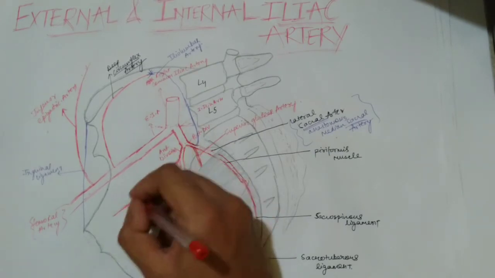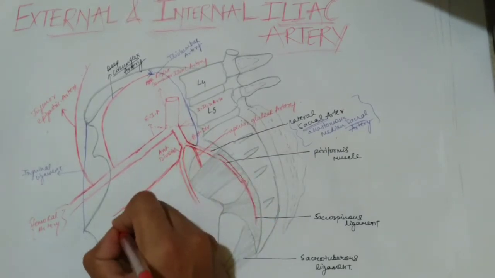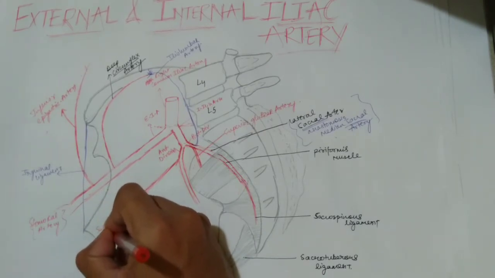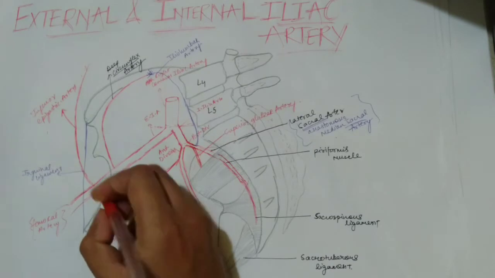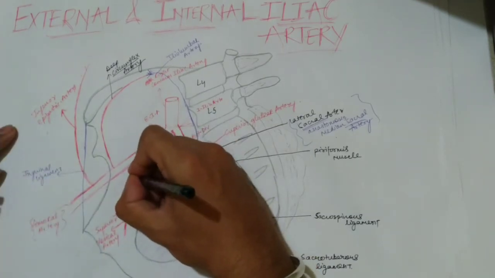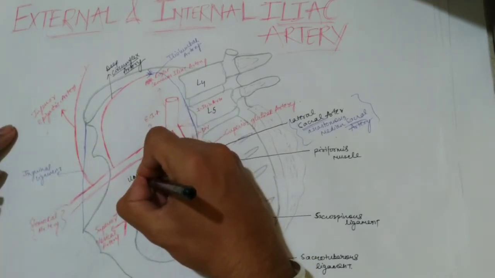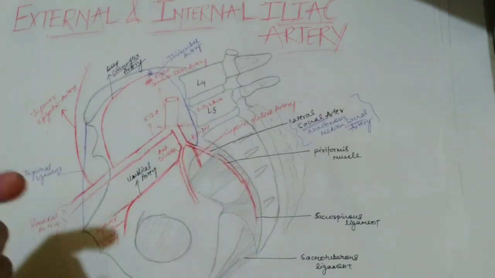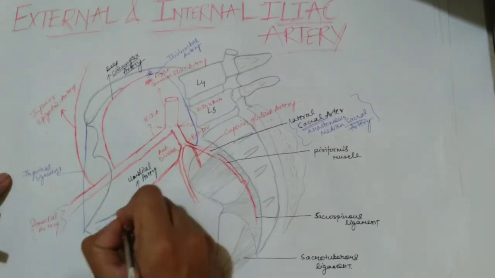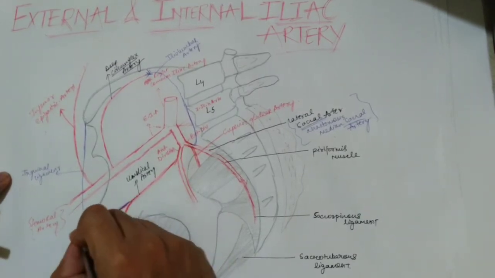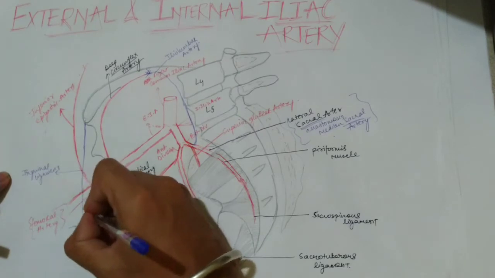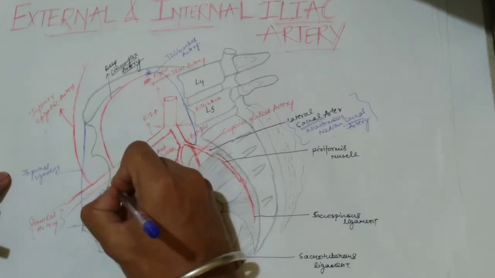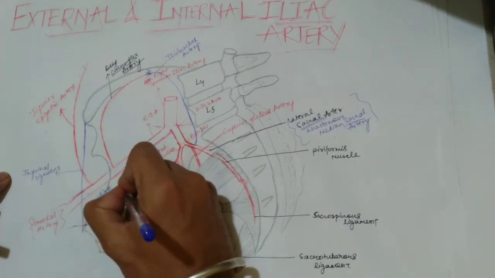So the superior vesical artery arises from your umbilical artery, remember that. The obliterated part of your umbilical artery is called the median umbilical ligament. The superior vesical artery supplies the superior part of your urinary bladder.